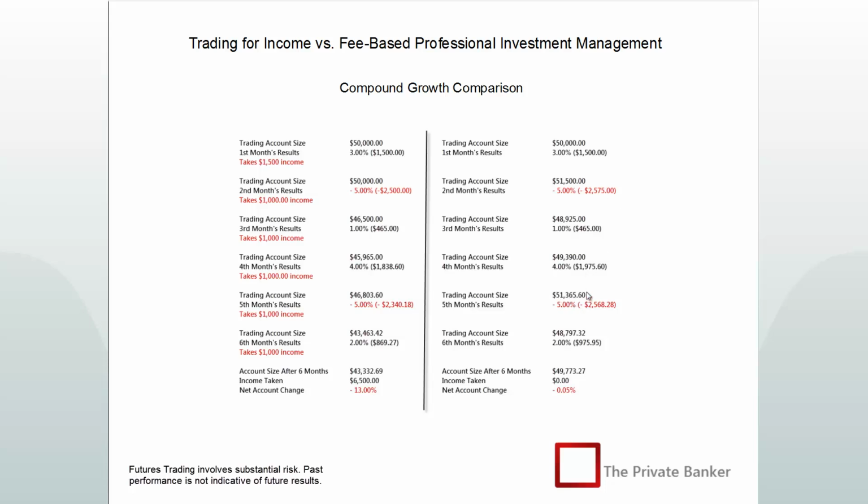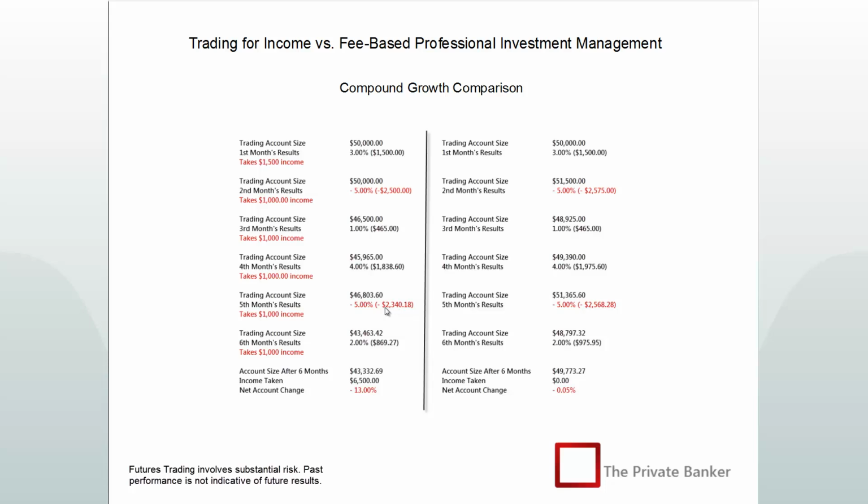Maybe we got a little too confident this month and we lost 5%. And again, on this side, you got to take your fixed income out, $1,000. The overall loss before even taking money out was $2,300 and change, whereas here we lost $2,500. So it definitely hurts to lose 5% of your account in 1 month, but it does happen.